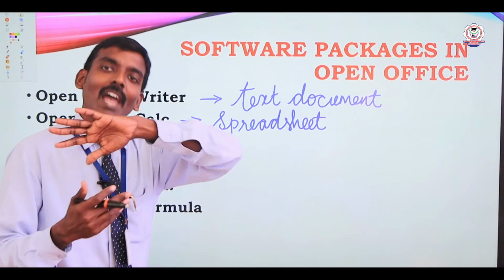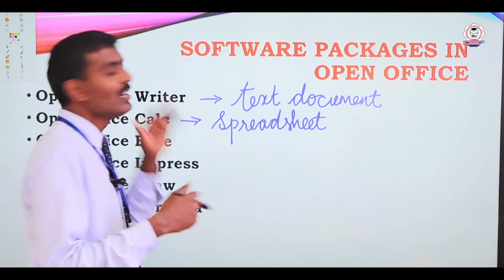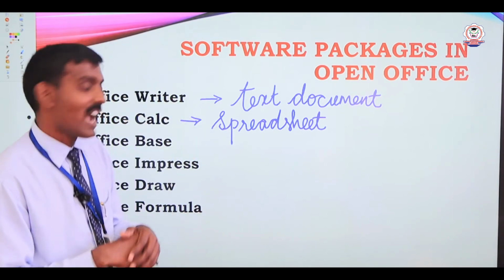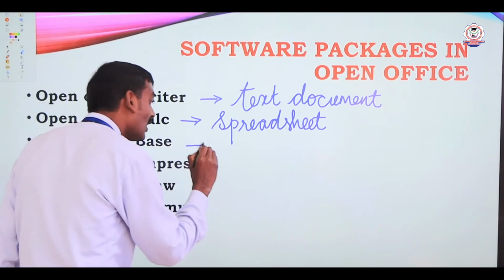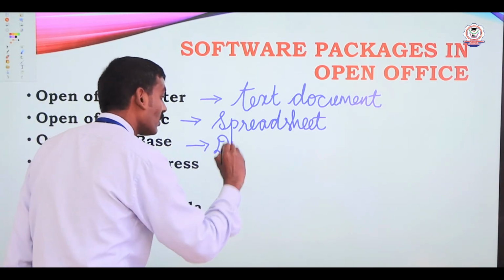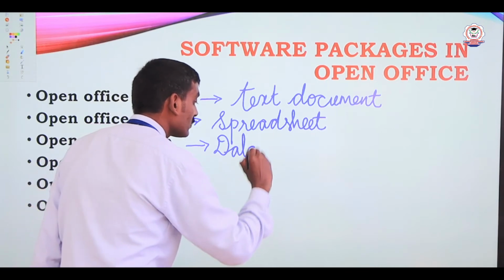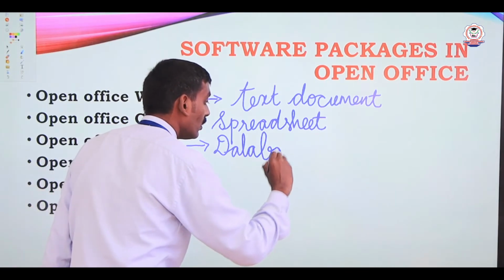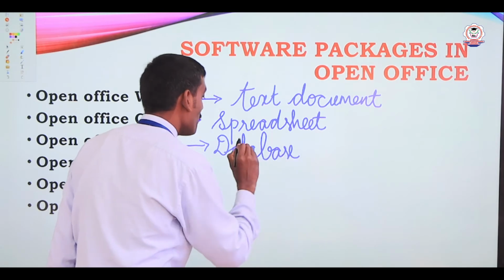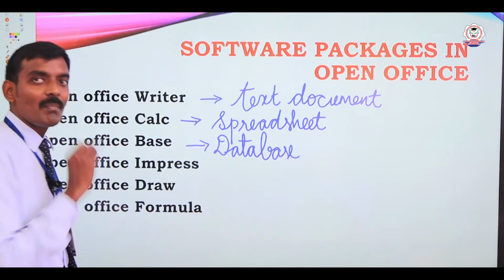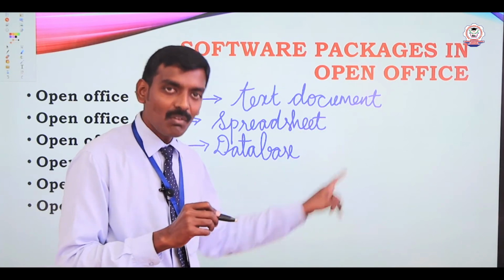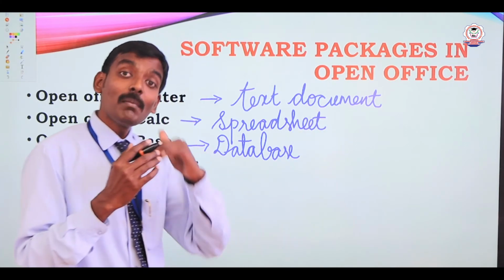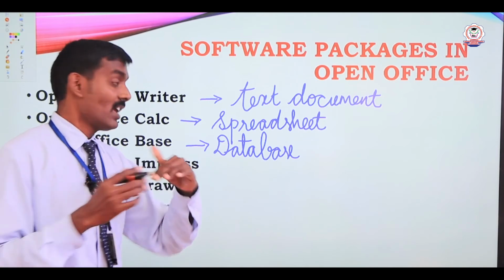These calculations are done where? OpenOffice Calc. And OpenOffice Base, which is a database. This database is used to store information and retrieve information, and it can be stored for reference purposes.